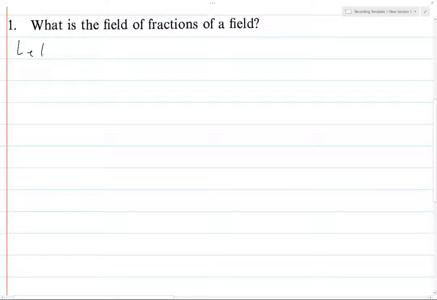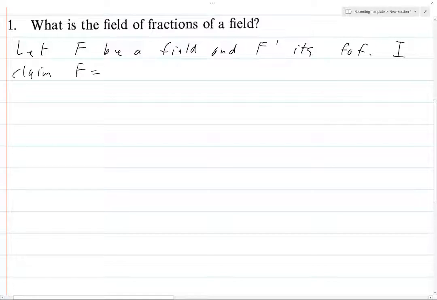So let F be a field and F' its field of fractions. I claim F equals F'.